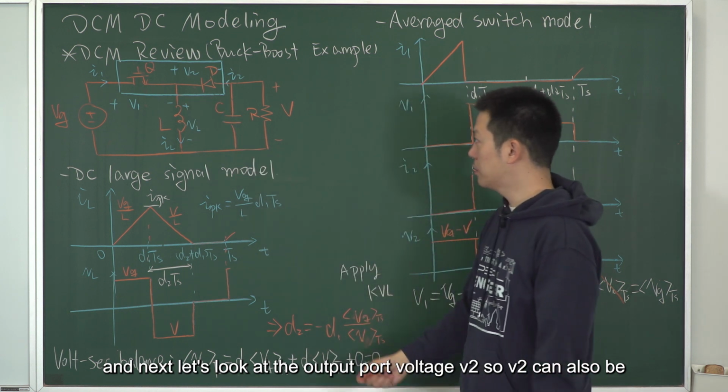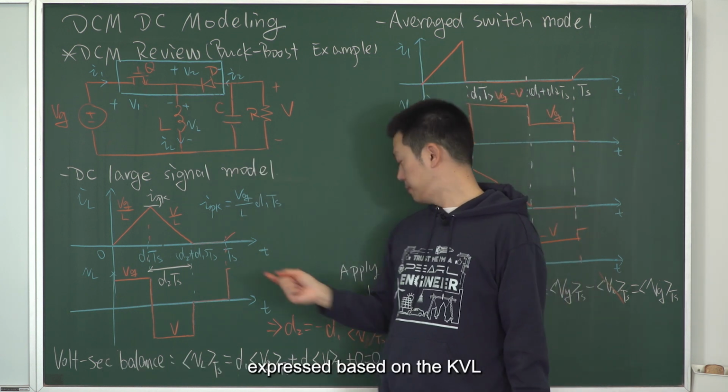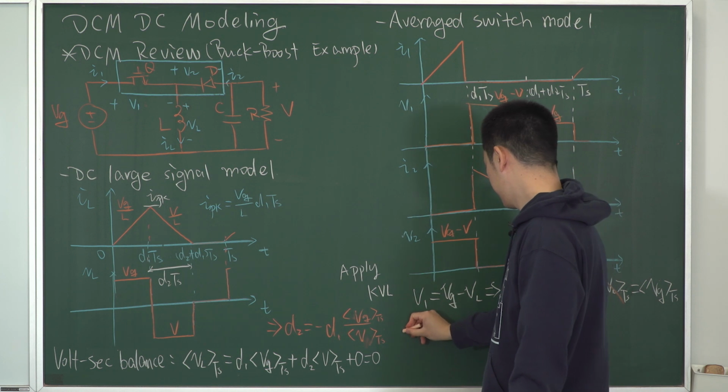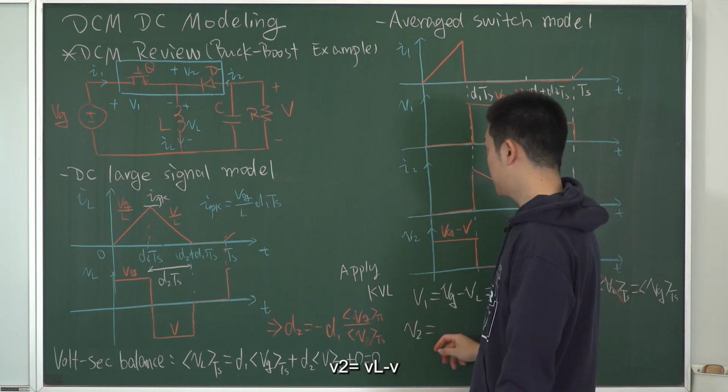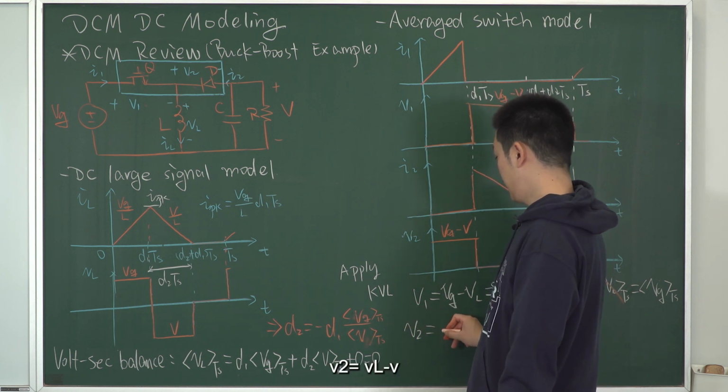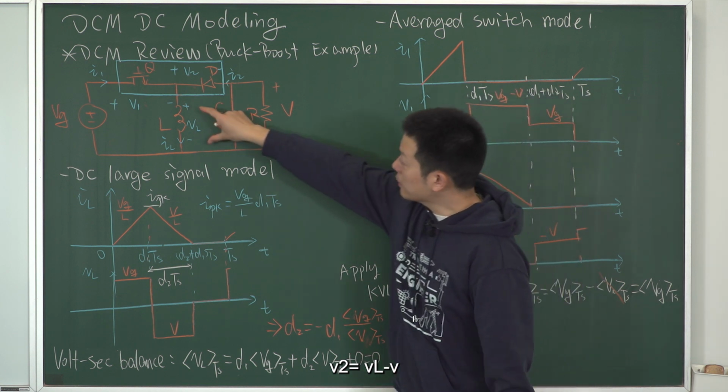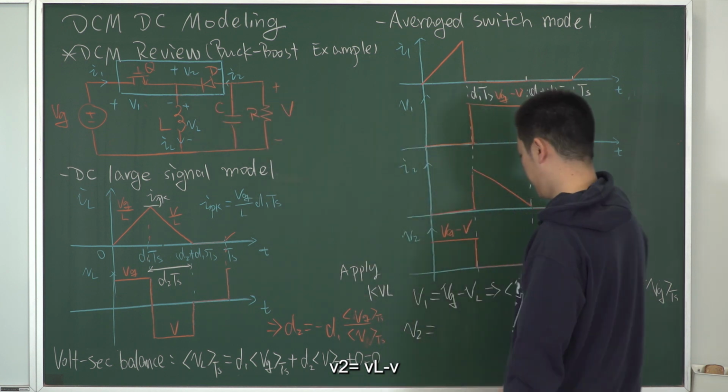And next, let's look at the output port voltage, V2. V2 can also be expressed based on KVL. V2 equals the inductor voltage minus the output voltage.